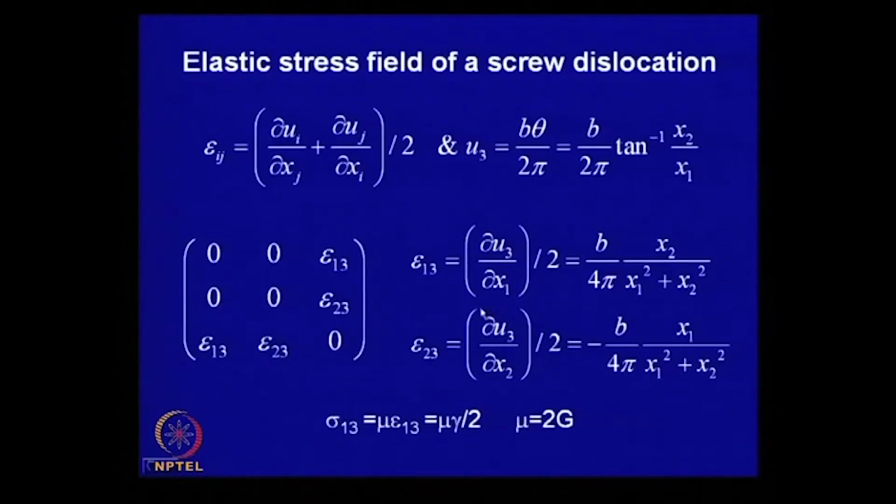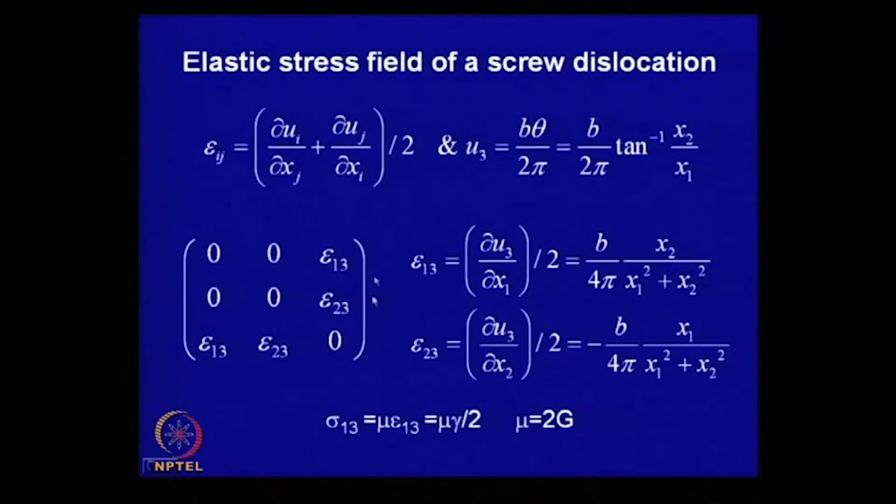You can do this leisurely, but I have written this expression over here, and what it shows is a large number of components. This is the full strain picture, the strain at that point.